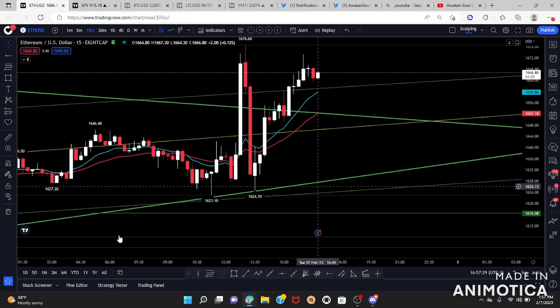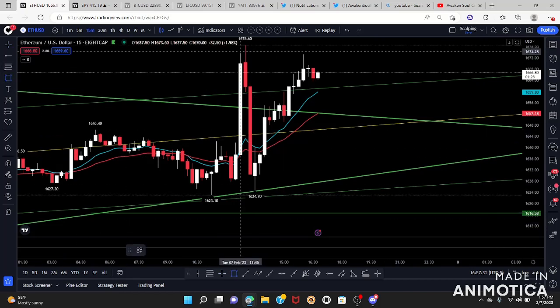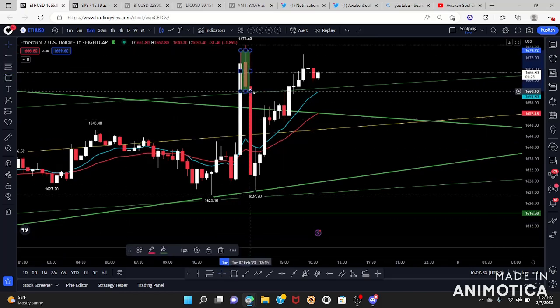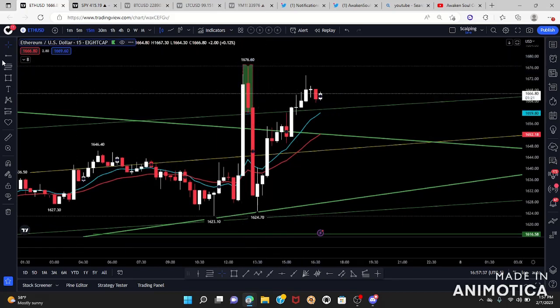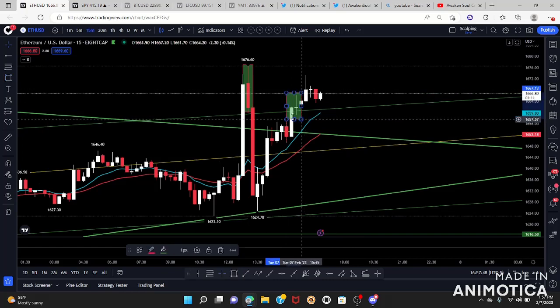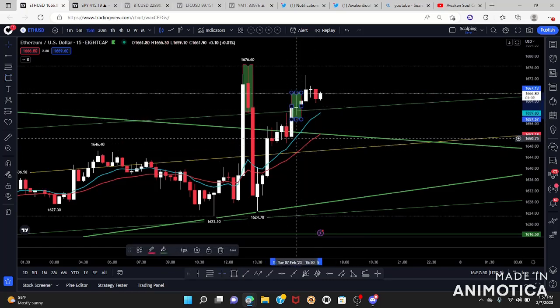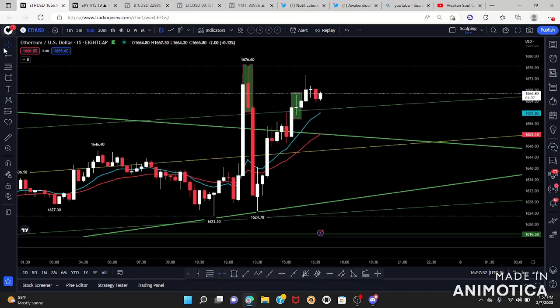So this is our 4 hours, right? So this was close. So you want to confirm the second 15-minute candle. So this was close, but then we bounced back down, right? This one's not it. This one's not it because it's still on the 4-hour. So this is your first 15-minute candle that closed above the 4-hour trend line. Once that is confirmed, you want to enter your trade on your second 15-minute candle. I hope that makes sense.